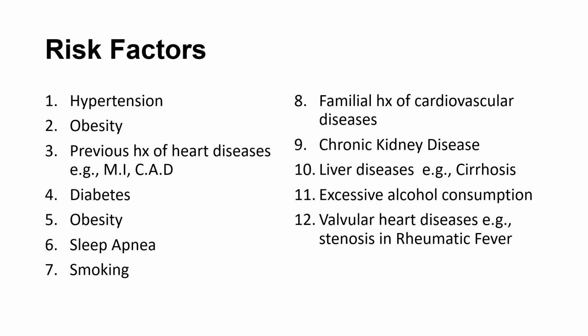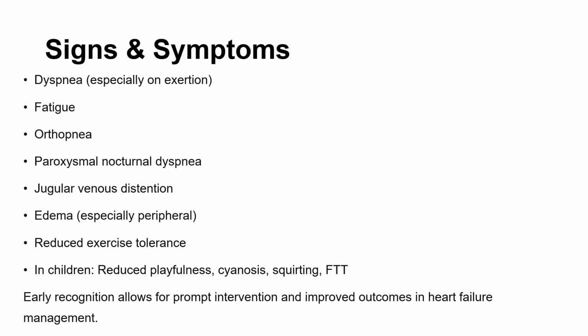Then we have valvular heart diseases such as stenosis, rheumatic heart fever. We have regurgitation too. The signs and symptoms, we talked about the classification, left and right. So remember, in left-sided heart failure, we have poor end organ perfusion, so we'll end up having these symptoms coming in earlier.